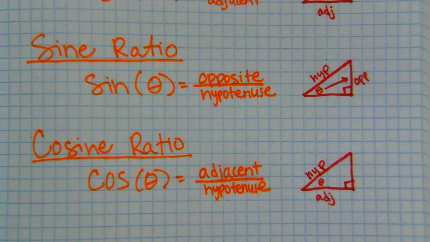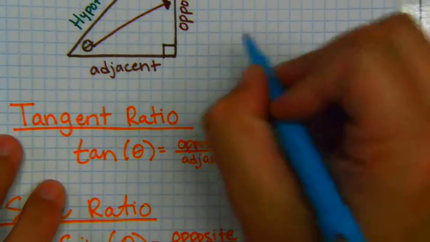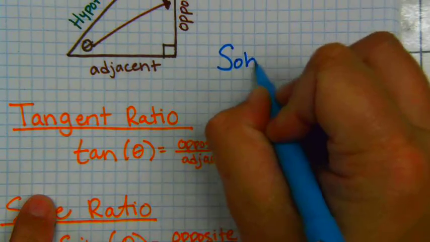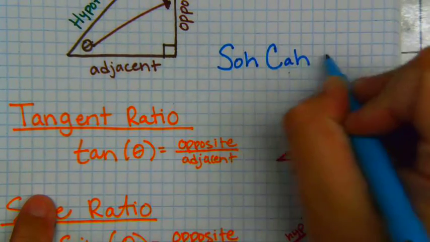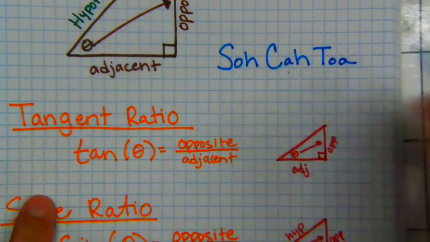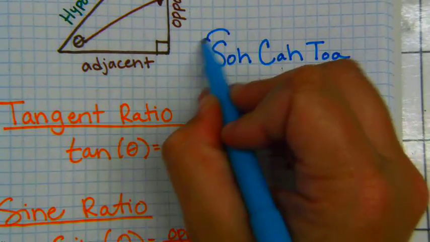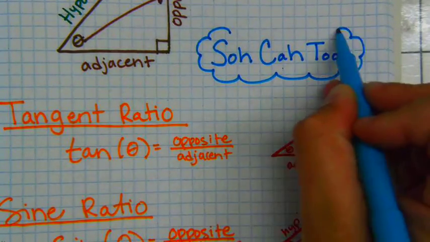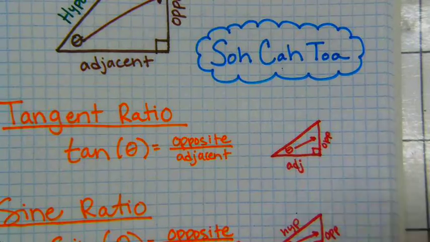So we have tangent, sine, and cosine. The way us math teachers have remembered it is by writing SOHCAHTOA.